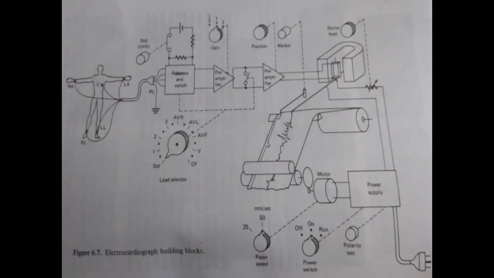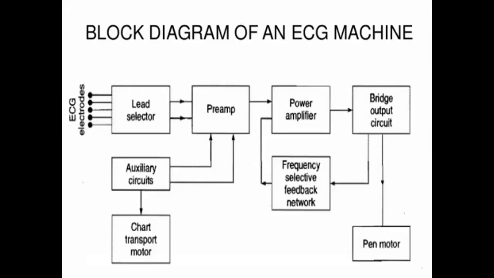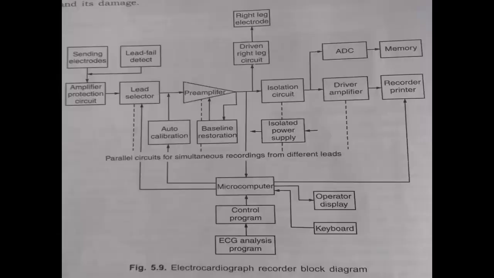With this recording system, we will get 12 ECG waveforms: lead 1, lead 2, lead 3, AVL, AVF, AVR, and 6 chest leads. From that we can diagnose the condition of the heart.